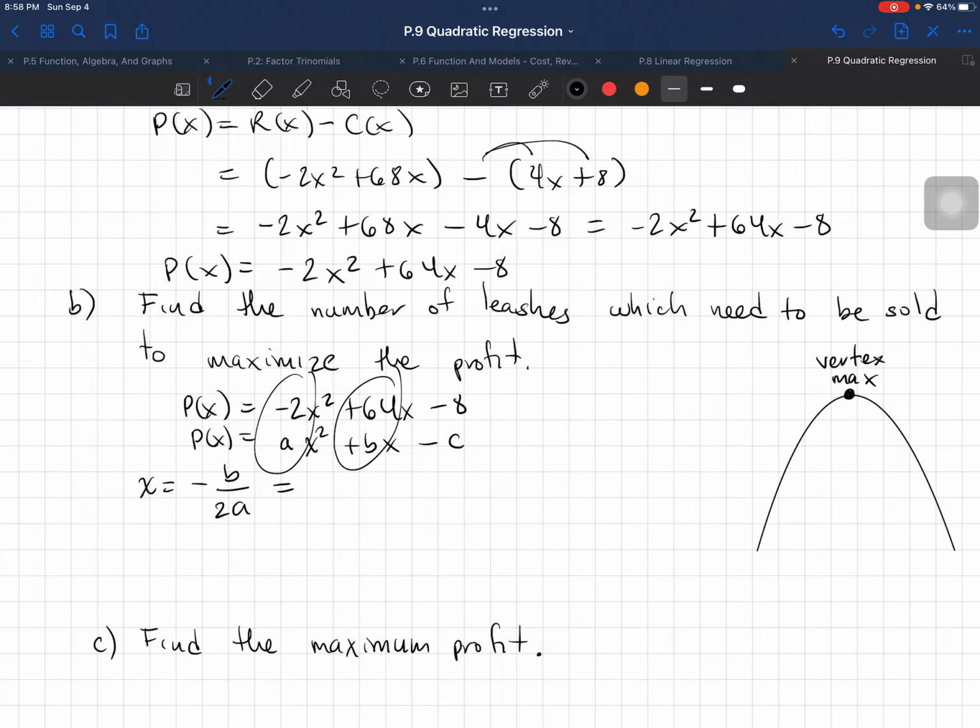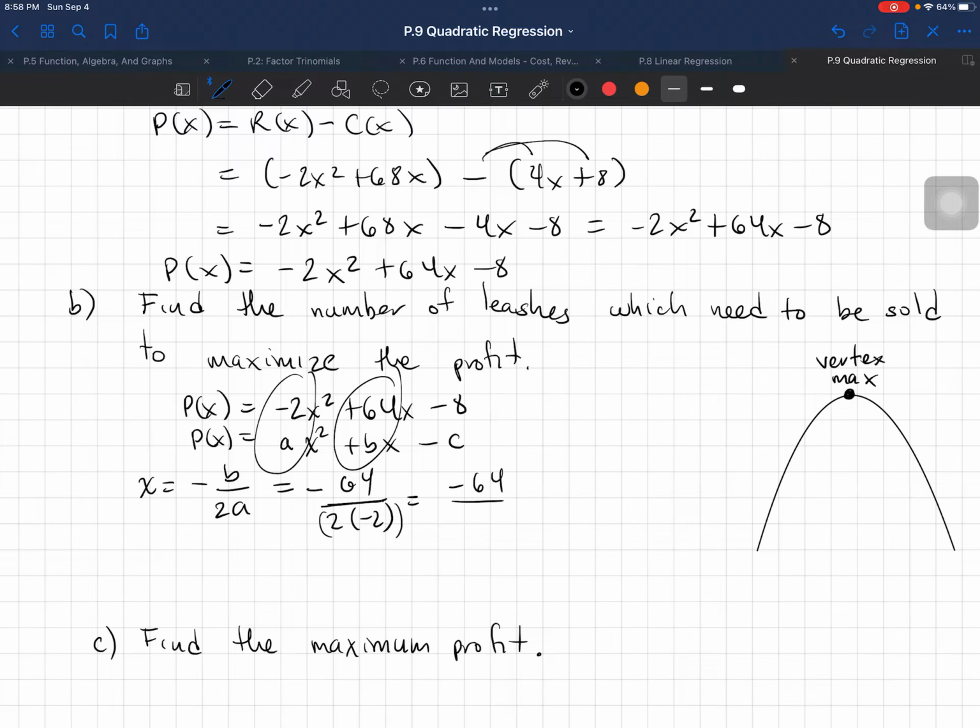So when you go back over here and do direct substitution, b is 64, a is negative 2, right? So you put it in the formula by doing direct substitution, and then you simplify this. You can put this in the calculator. Just be careful, make sure that you put a bracket here so you can group those together.